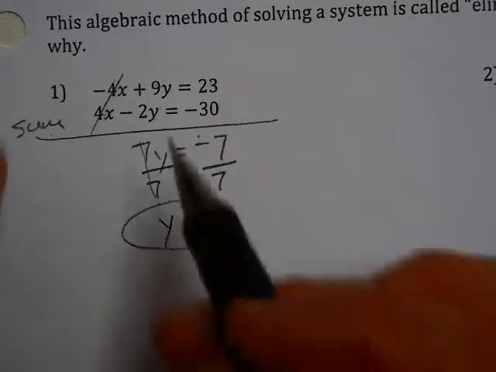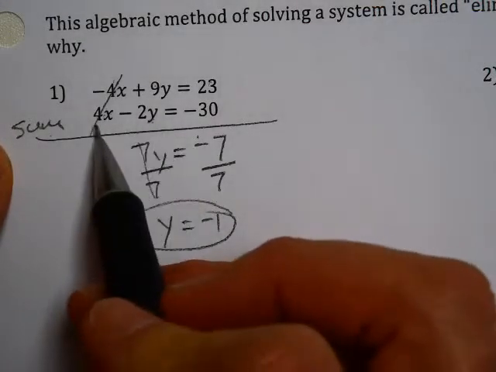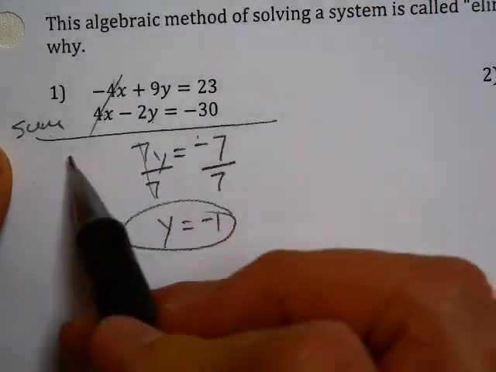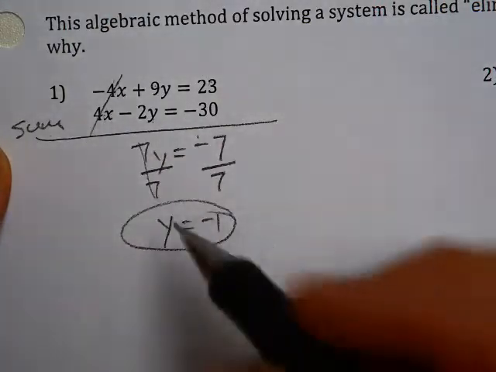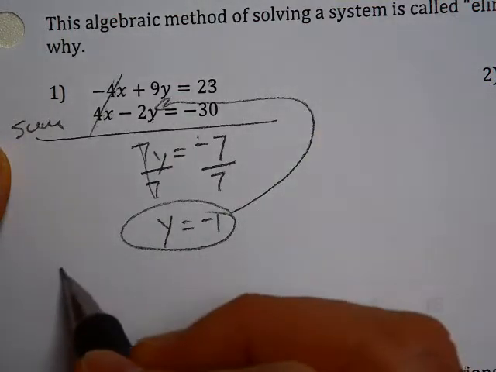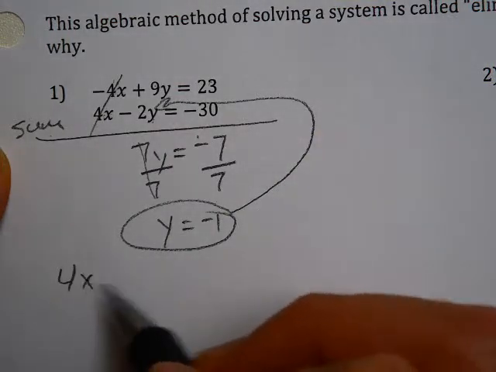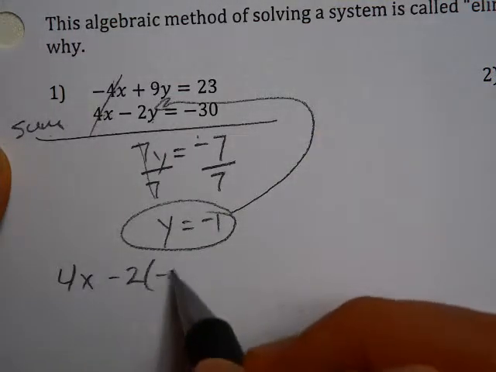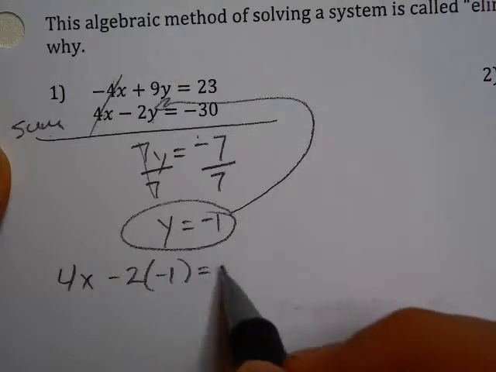I'm going to choose the bottom one because the x is positive. Now I've canceled the x, but it's not canceled anymore when I sub back in. So I've got to sub this back in, so I get 4x minus 2 times negative 1 equals negative 30.